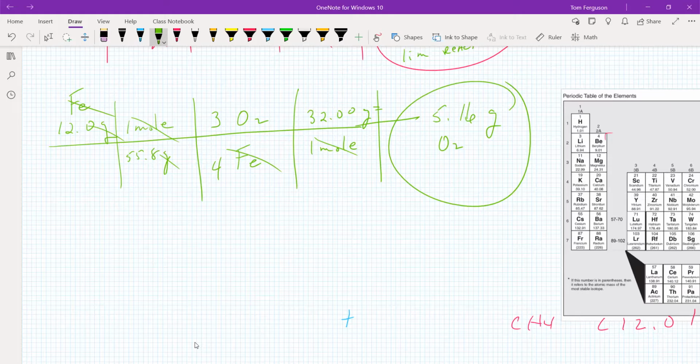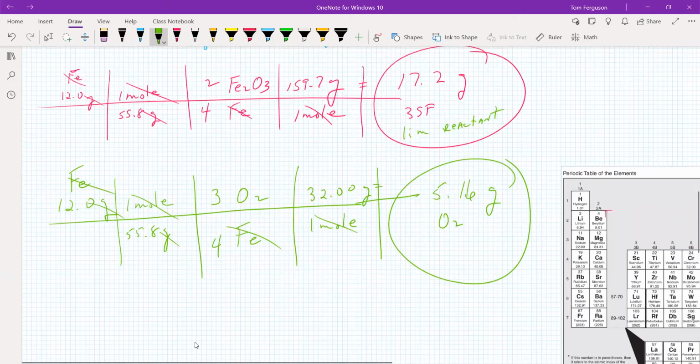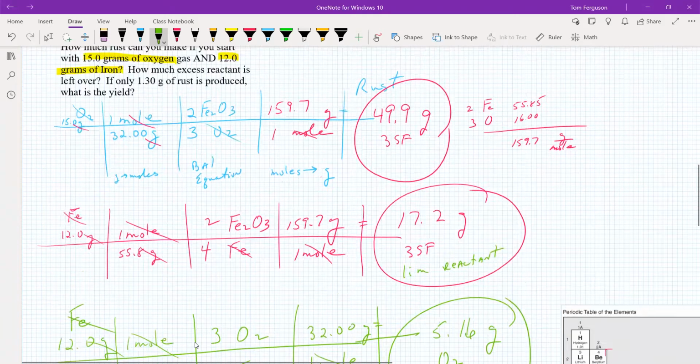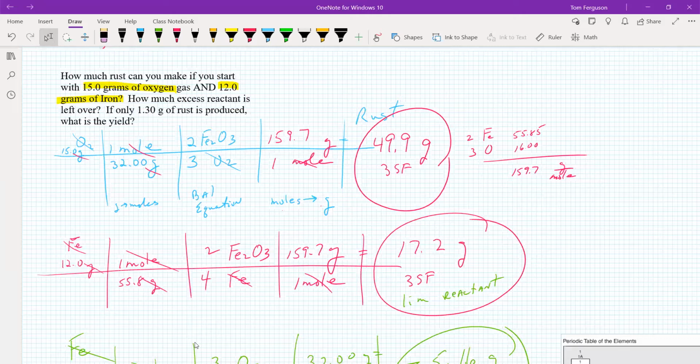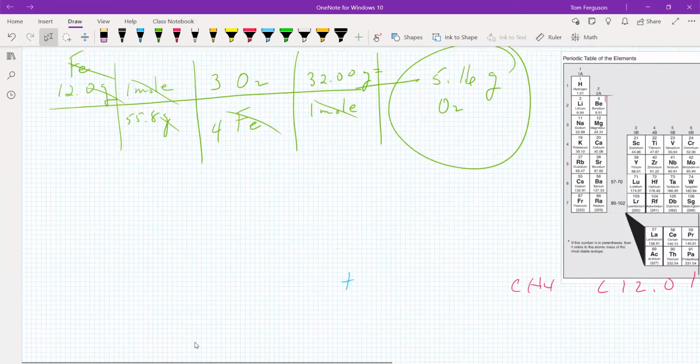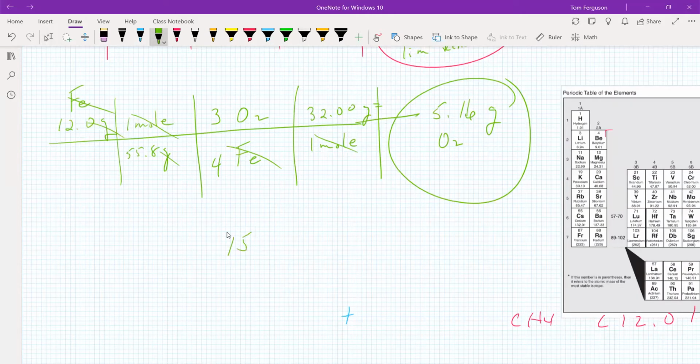That means we have leftover oxygen. Okay. And how much do we have left over? Well, we started with 15 grams, and we used 5.16. So how much is that left over? Well, that's 9.84.